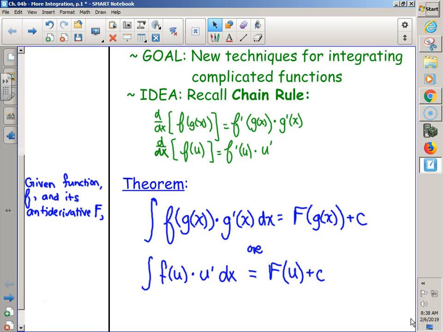So in integrals, there might be a piece that was all a part of the u prime.